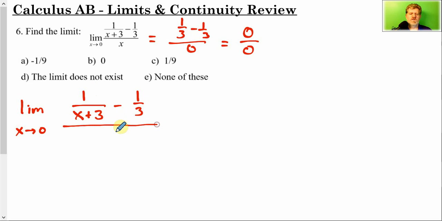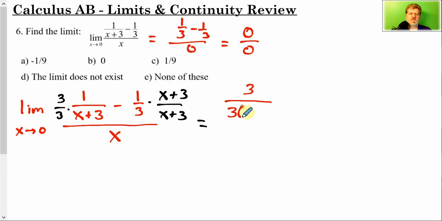So I'm going to deal just with the numerator right now. What value is our common denominator? The easiest way to do it is to multiply these two together. So if I multiply this side by 3 over 3, and multiply this side by x plus 3 over x plus 3, you'll find that I'll get 3 over 3 times x plus 3 minus 1 times x plus 3, which is x plus 3, over that common denominator, 3 times x plus 3.